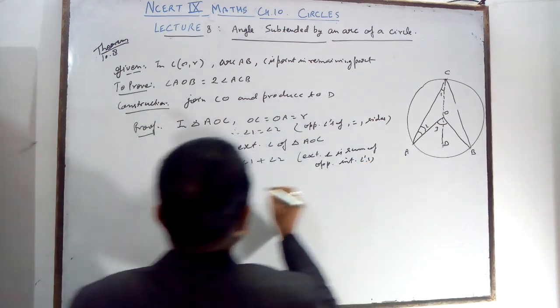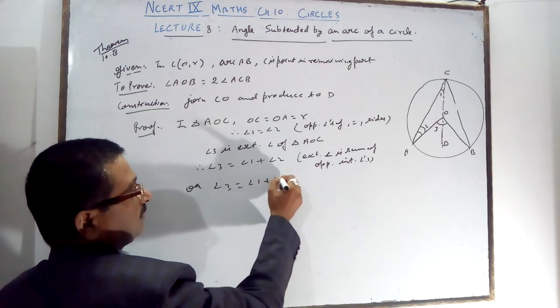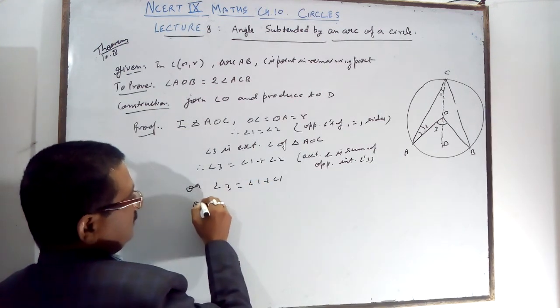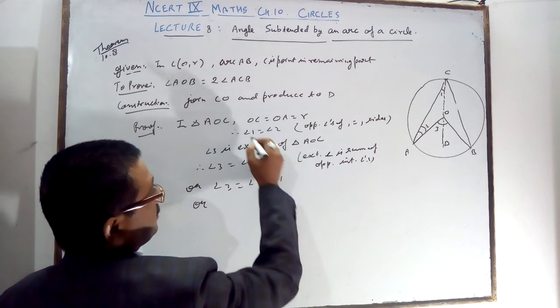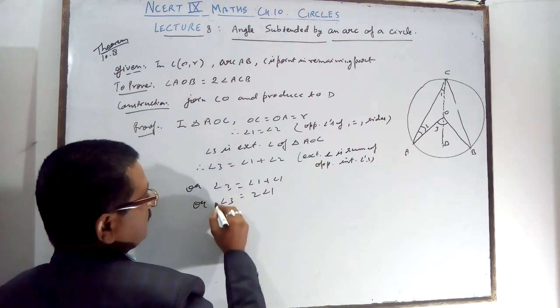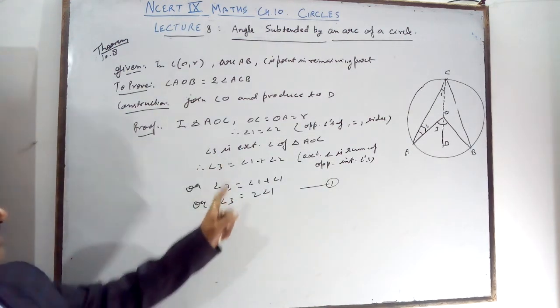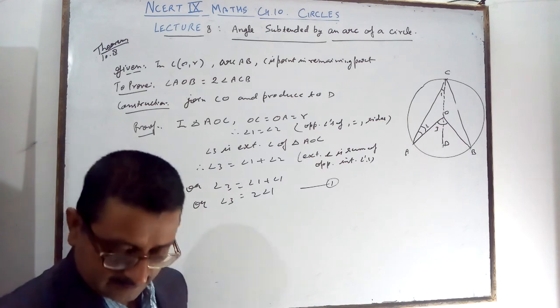So you can write angle 3 is equal to angle 1 plus angle 1, because you have proved angle 1 is equal to angle 2. So twice angle 1. You are getting equation 1: angle 3 is equal to twice angle 1.